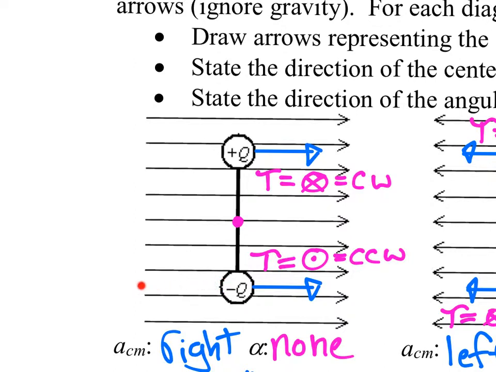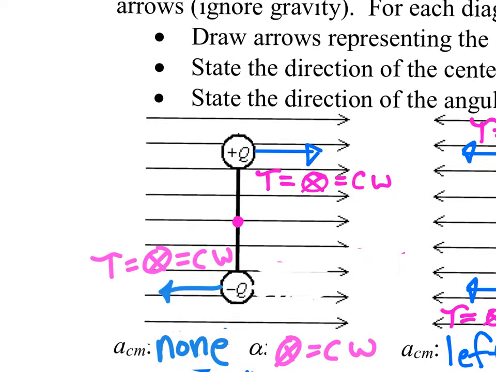That would move to the left, and moving to the left here would create a clockwise rotation, and we would have an overall clockwise rotation. And the center of mass, if one force went to the left and the other force went to the right, they would cancel off and the center of mass would not move. So let me fix up those mistakes and then we'll move on.